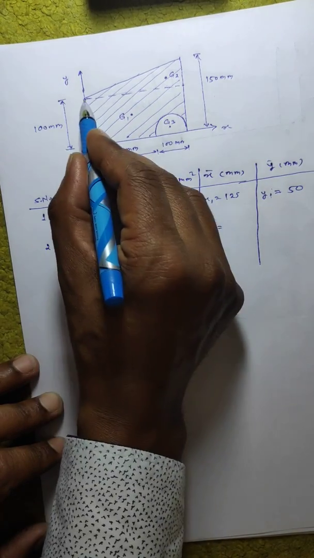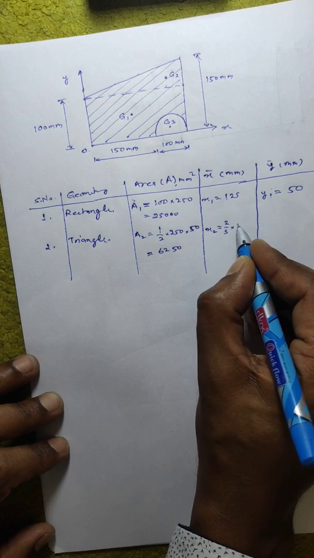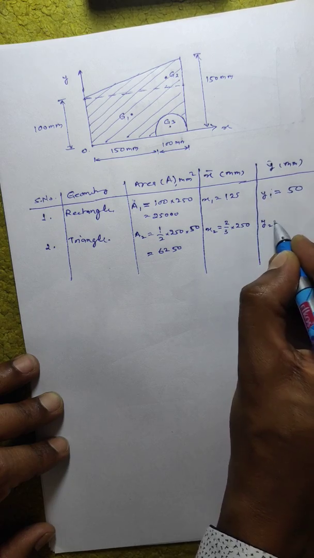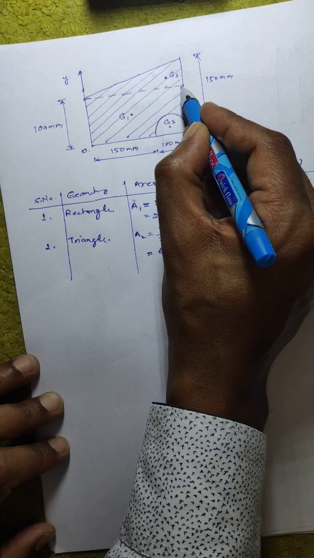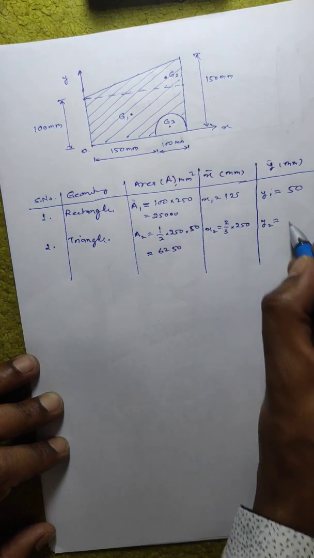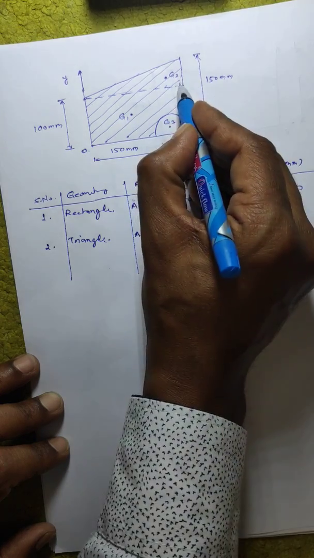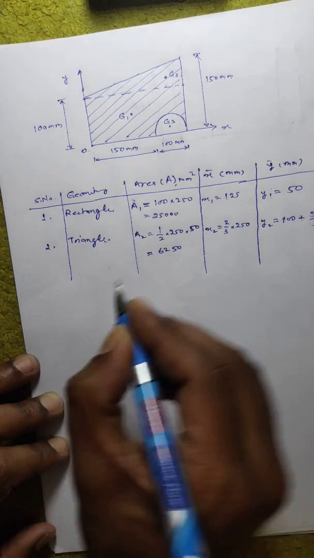Origin is at this point, so this will be 2/3 of base, 2 by 3 of 250. And Y2 is 100 plus 1/3 of, sorry, not base, height, 1/3 of height, that is 50 by 3.